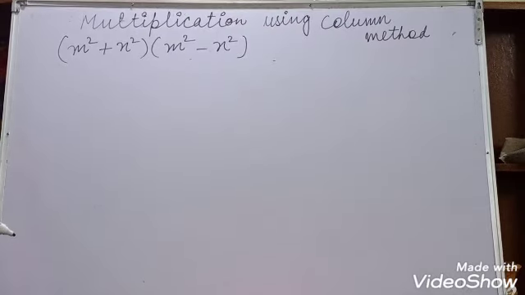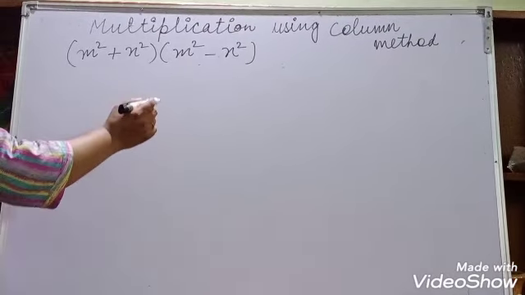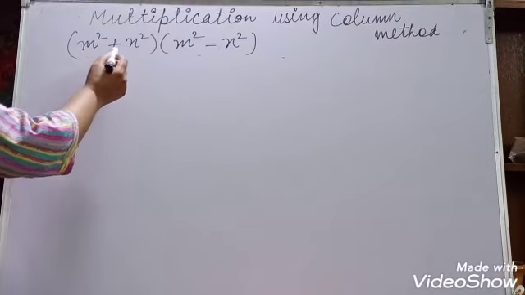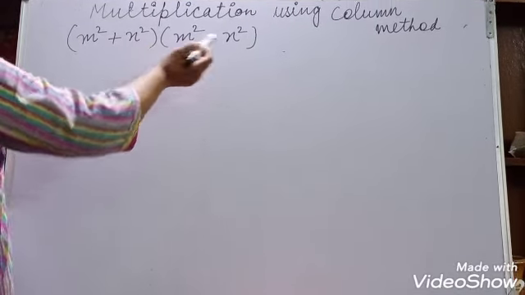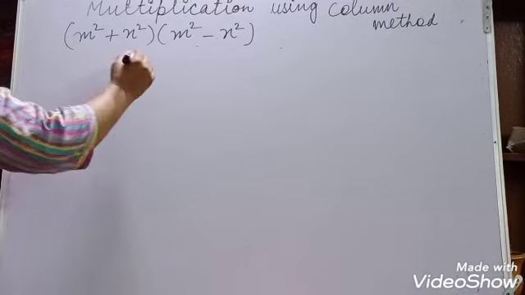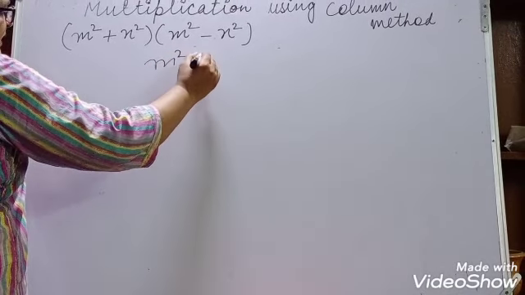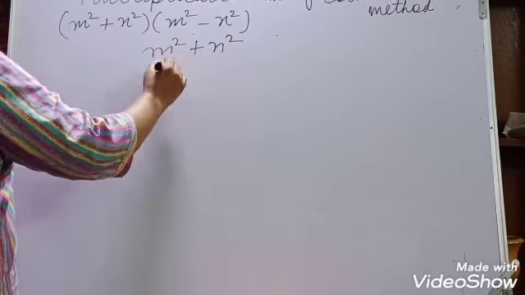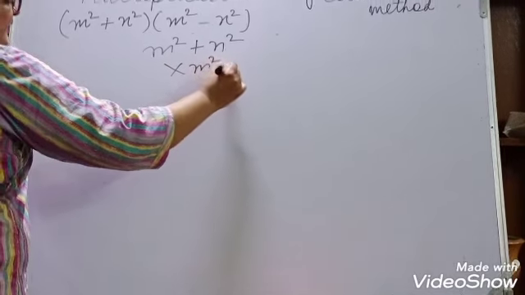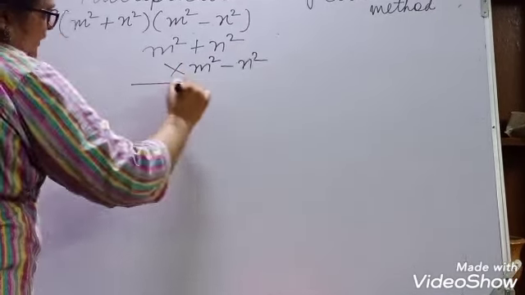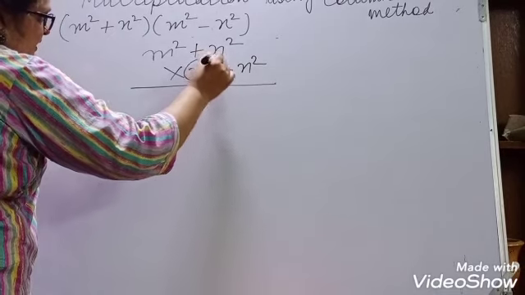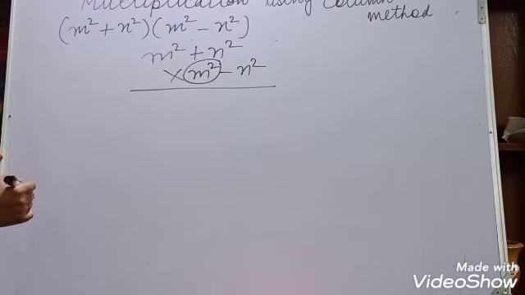Let us do multiplication of binomials using column method. In the first bracket it's m square plus n square into m square minus n square. Write the first expression and then just write the second expression. Now here this first number will be multiplied with the first expression.